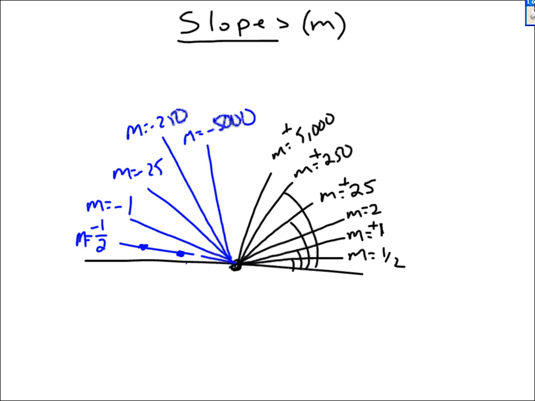As the angle gets bigger and bigger, the slope either gets more positive or more negative. And for the record, the horizontal line has slope 0.